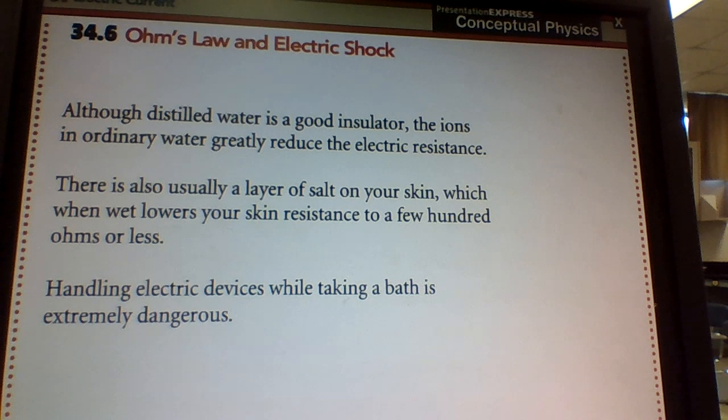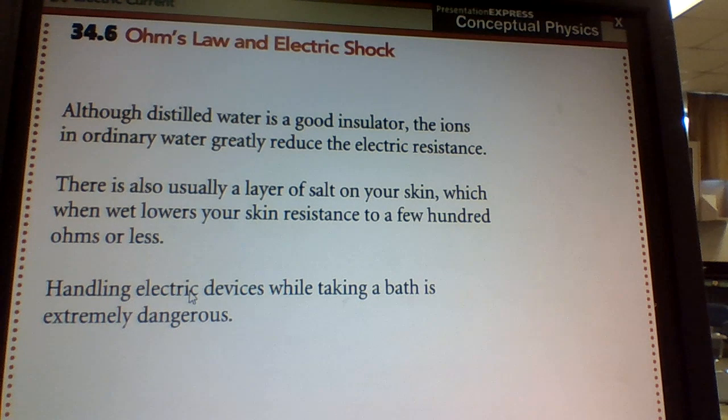Again, it's not a great conductor, but it's enough that there can be a low enough resistance that it can give you a pretty good jolt because of the little salt layer on your skin after you've been sweating and things like that. And that's going to drop your resistance down to a couple hundred ohms.